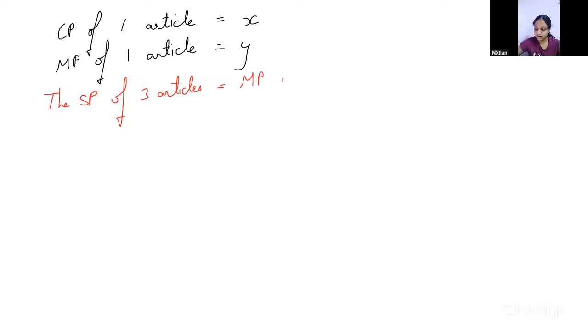Market price of one article is Y, so 4 articles will be 4Y.